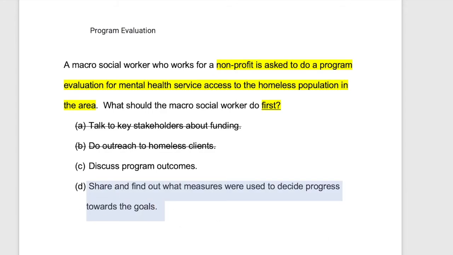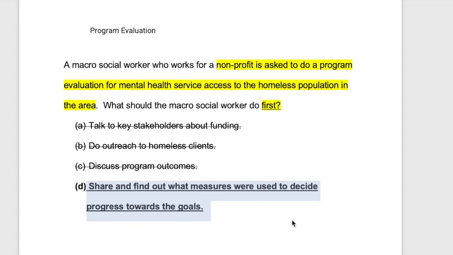So what's really going to be helpful for us is to choose option D. And so that means option C is not going to be first. So therefore, our answer is going to be D, share and find out what measures were used to decide progress towards goals.